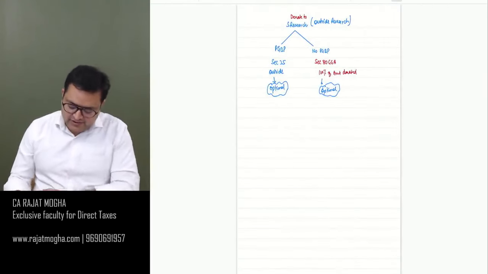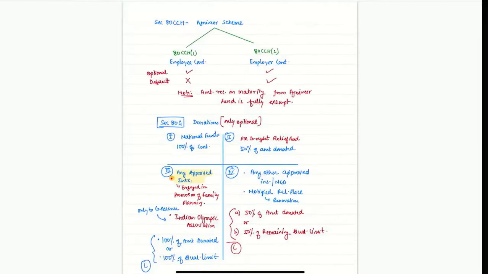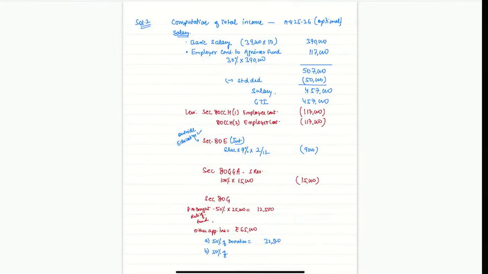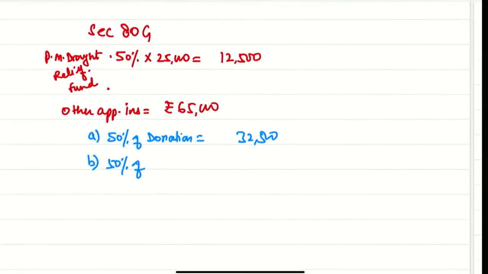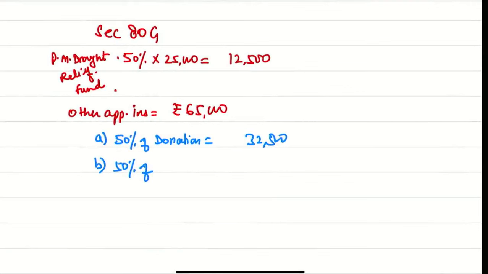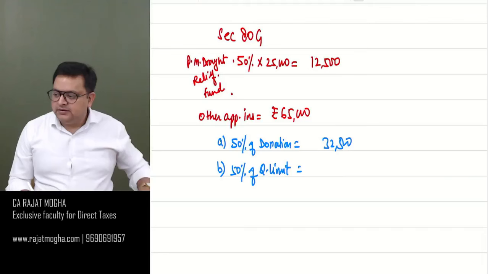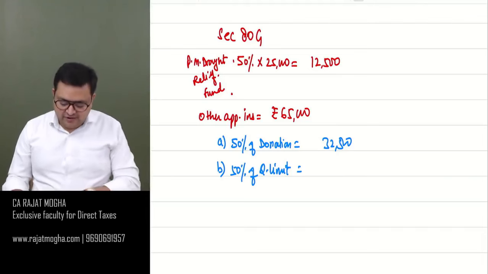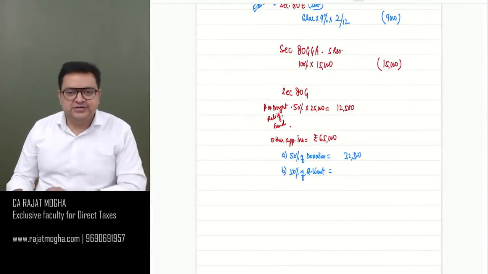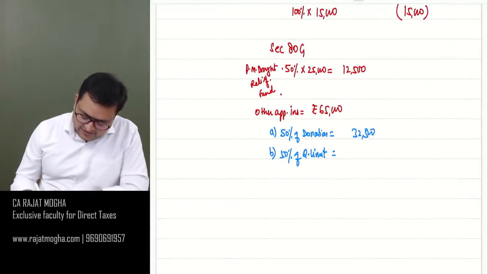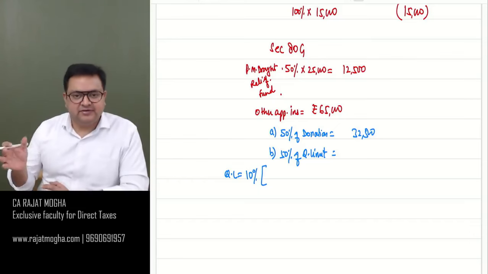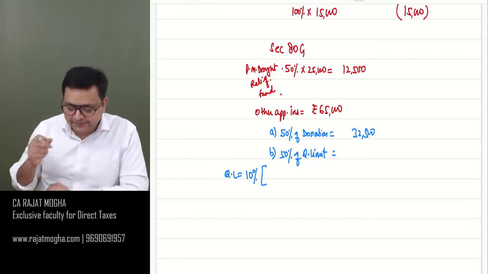So I will write it over here: 50% of the qualifying limit. Now, what is a qualifying limit? Qualifying limit is equal to 10% of adjusted GTI. What is adjusted GTI?